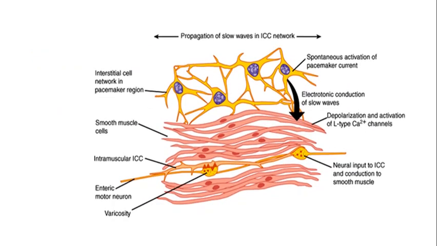So how are these generated? These are the interstitial cells of Kajal, which are also called the pacemaker cells of the gut. These cells have sodium channels which open and close periodically and allow the ions to move in.